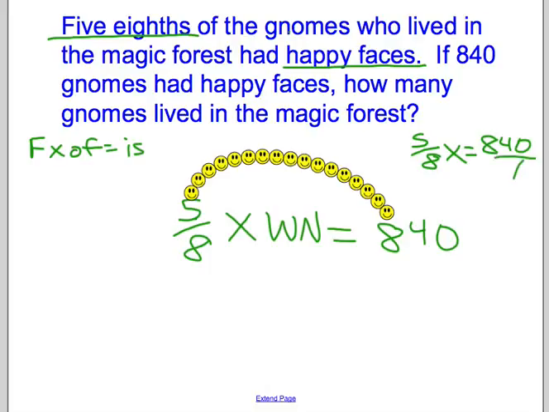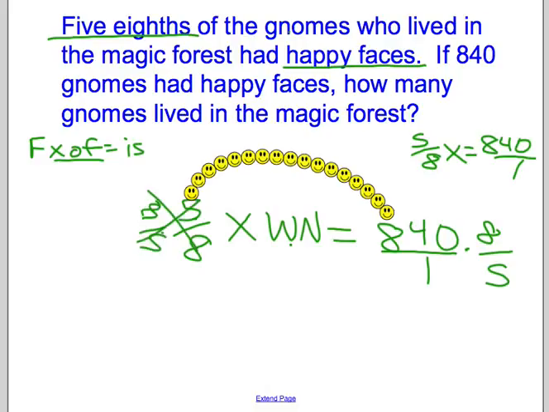Same thing here. I have multiplication between them. I just rewrote this as 5/8 x. Here I'm showing 5/8 times the variable n. So it's just a little different notation, but it's the same exact setup to solve. So once you get to here, if you're missing your of, your middle part, just multiply both sides by the reciprocal of the coefficient, which is 5/8, or 8/5, excuse me.